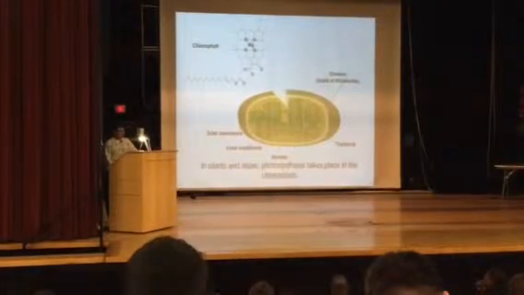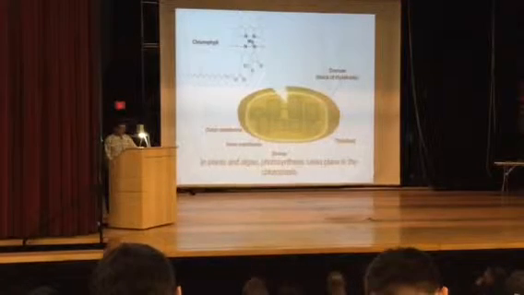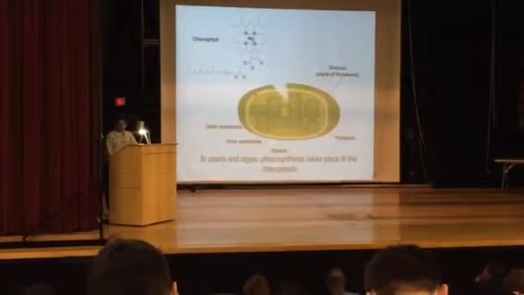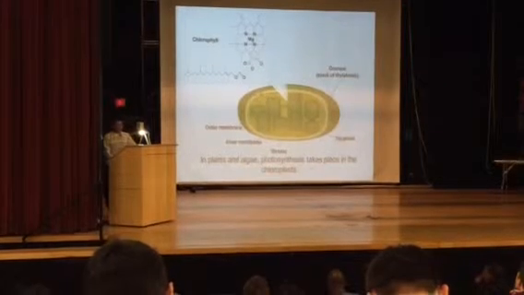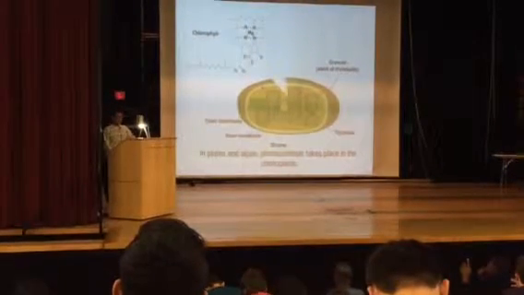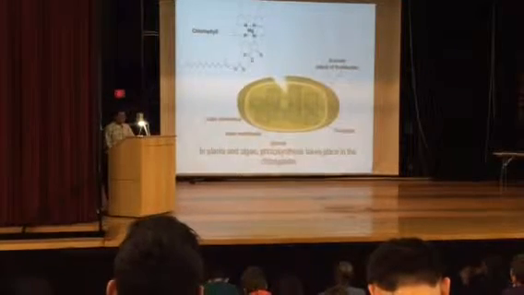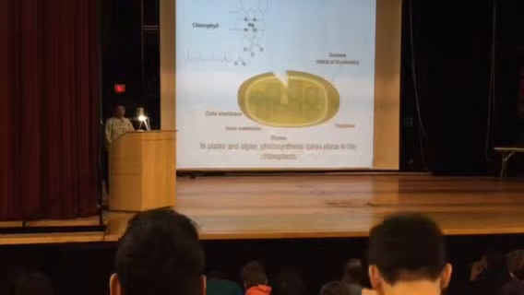The solution in the stroma should not be green, and the outer membrane should not be green. So that coloring of the figure is actually deceiving because it suggests there's chlorophyll everywhere. But there isn't. Chlorophyll is only in special complexes in the grana.